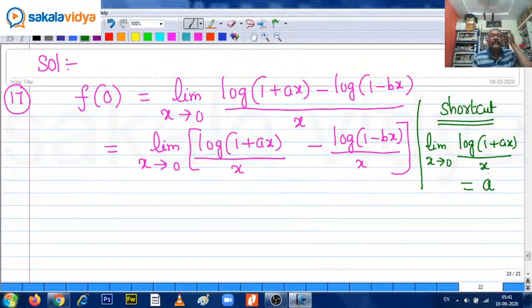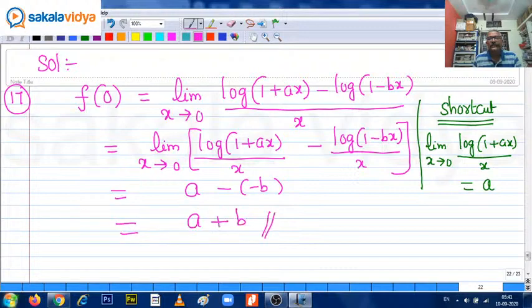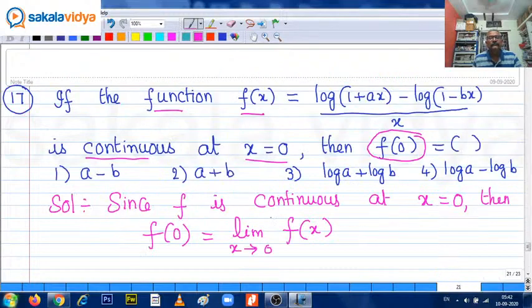That means this can be written now as a minus of, here minus b. So minus into minus is plus, and a plus b is the answer. So the second option is the right option.